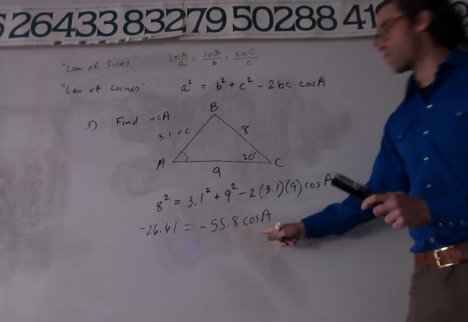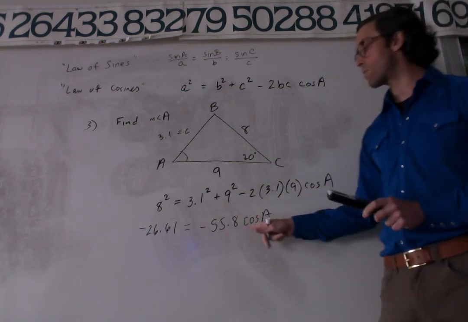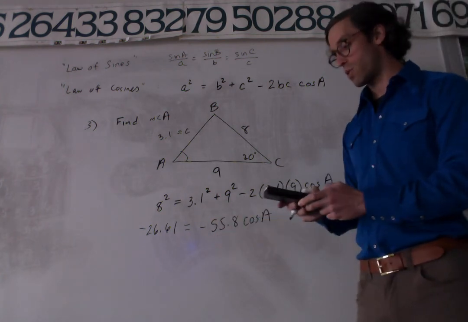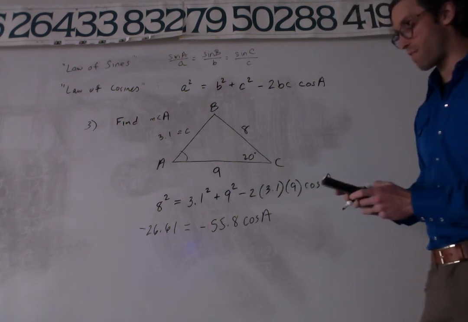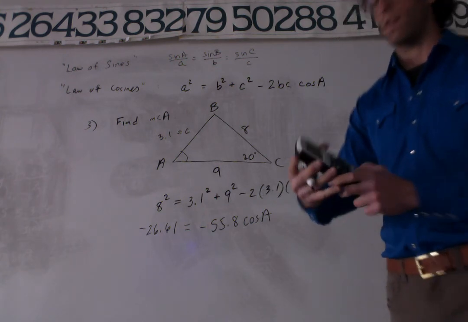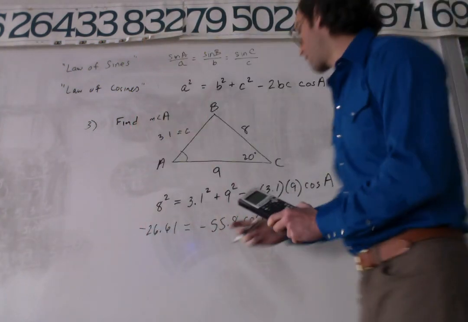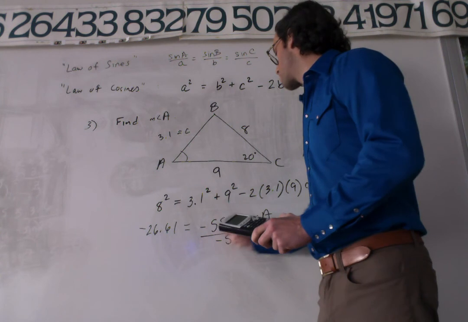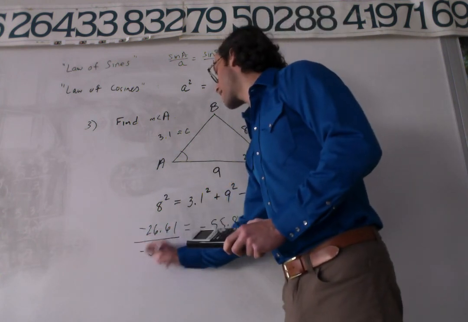This equals this times cos A. Now, we're solving for A, so we've got to divide both sides by that coefficient. So I'll do negative 26.61 divided by negative 55.8. And I get this, 0.47 whatever. All right? So I just divided both sides. I'm showing you every step on the calculator and on the board.